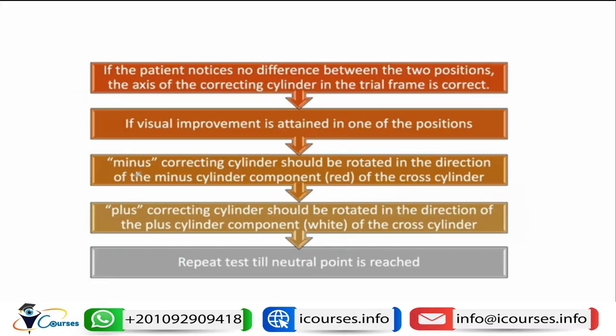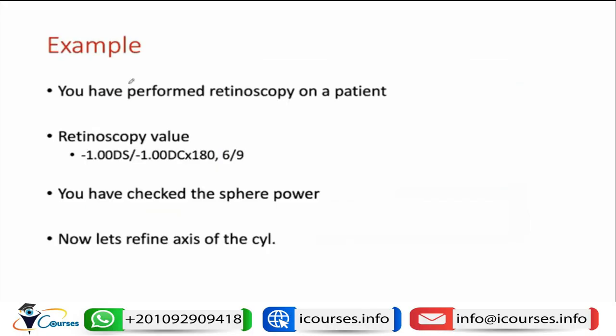If we are using the minus cylinder, then we will move the minus cylindrical component, or the red mark, toward the cylindrical axis, or we will rotate the cylindrical axis toward the red mark. While if we are using a plus cylinder, then we will rotate the cylindrical axis toward the plus mark. And then we repeat again until the patient reports that there is no difference. So let's see an example.